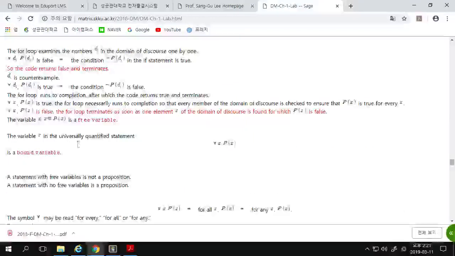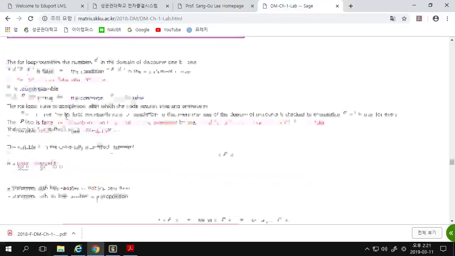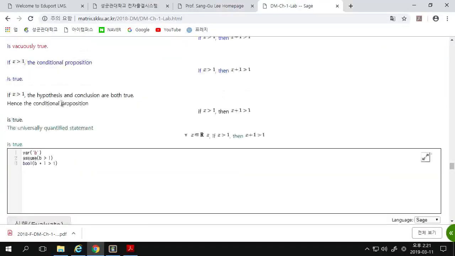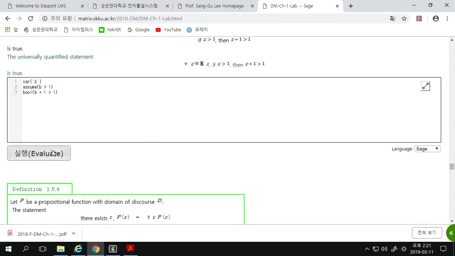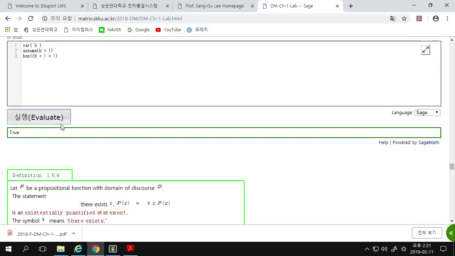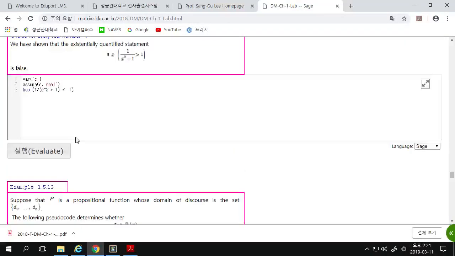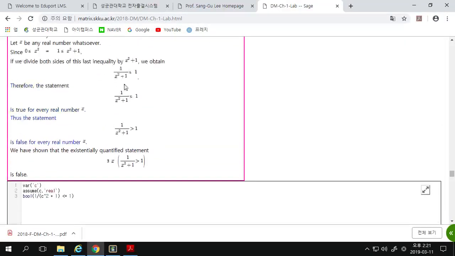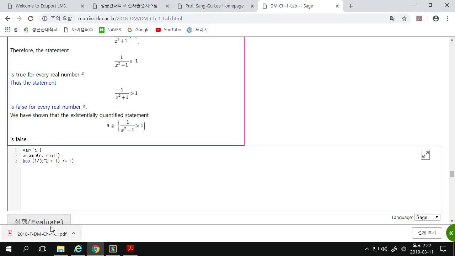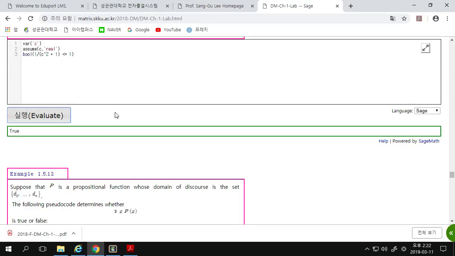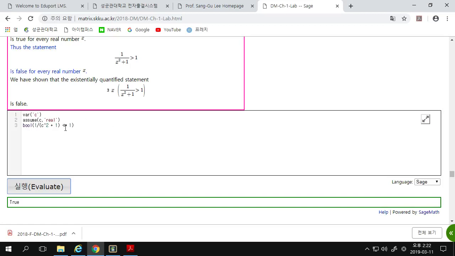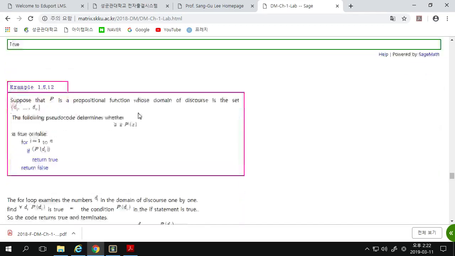The pseudo code was given there, and the second one is always bigger than 1. This is true, and this is the code that we made. Then this one is less than or equal to 1, which means this is false.